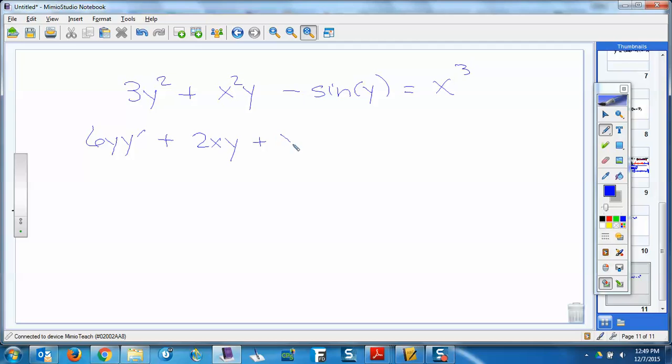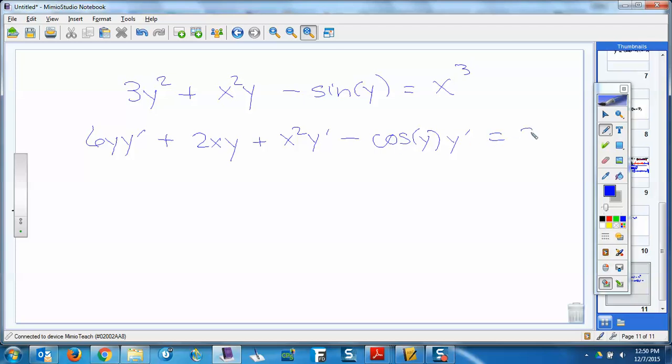Plus x squared, derivative of y, y prime. Minus, derivative of sine y, cosine y, y prime. Whenever you do the derivative of y, you tack on a y prime. Do the normal derivative, so sine y becomes cosine y, tack on a y prime.